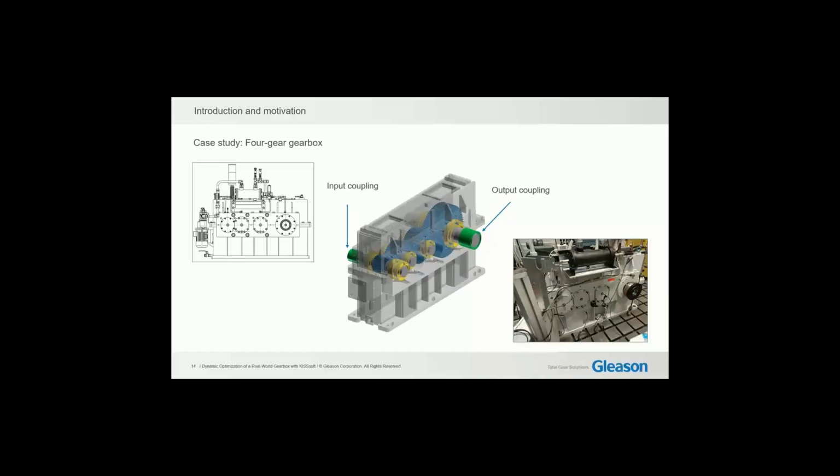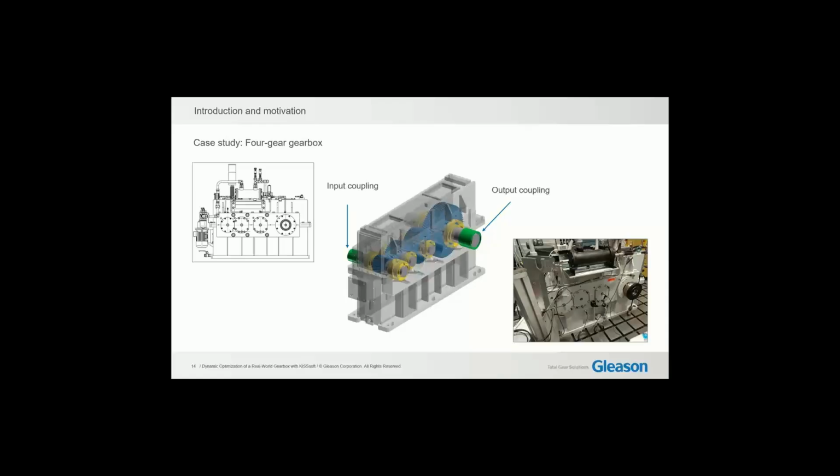The case study presented here focuses on a 4-gear gearbox consisting of a chain of 3 gears operating at identical meshing frequencies. At top left, a 2D schematic view of the gearbox is shown, illustrating the general layout and several mounted components. In the center, the 3D system module is displayed, which is built in the KISSsoft system module, and it includes the housing and internal drivetrain components.